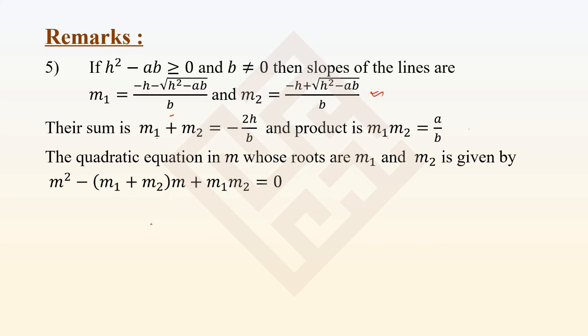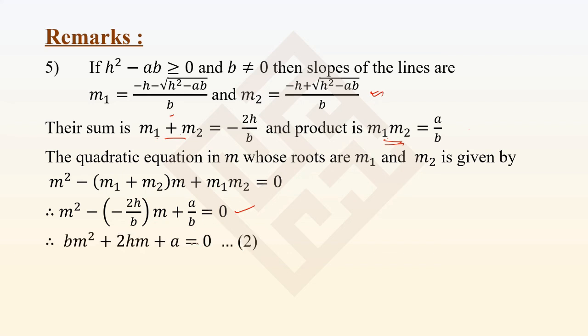Now this can also be written as m square minus of minus 2h upon b into m plus a upon b is equal to 0. पूरे इक्वेशन को हम b से multiply करते हैं, so that gives us b m square plus 2hm plus a is equal to 0.